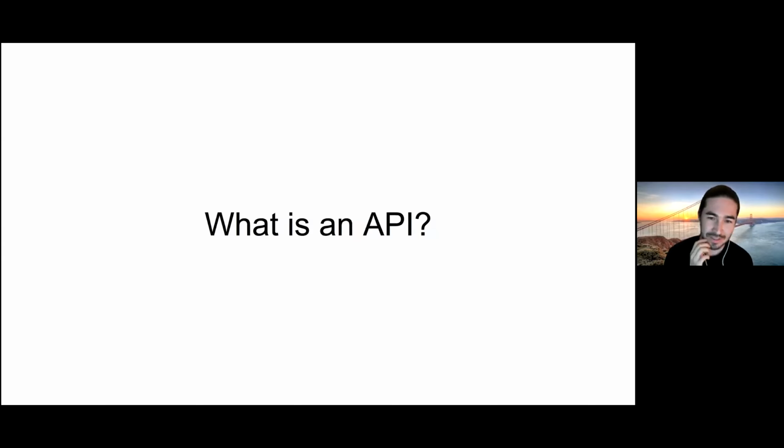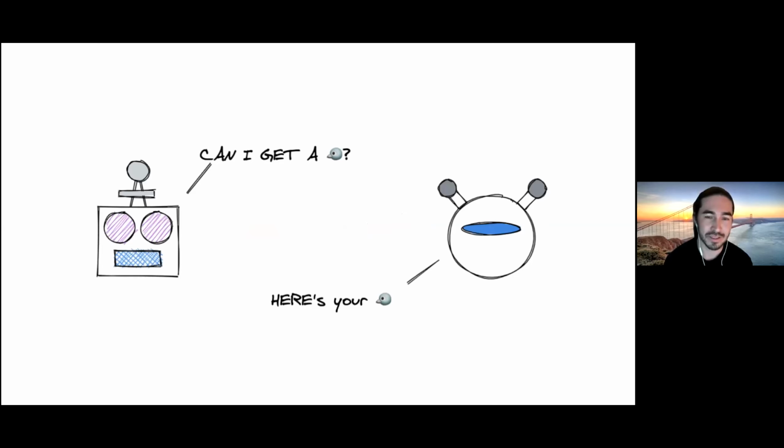First, I wanted to talk a little bit about what an API is. Feel free to interrupt me at any time if you have any questions. The way I like to think about an API, and just to clarify what API stands for, it refers to Application Programming Interface.